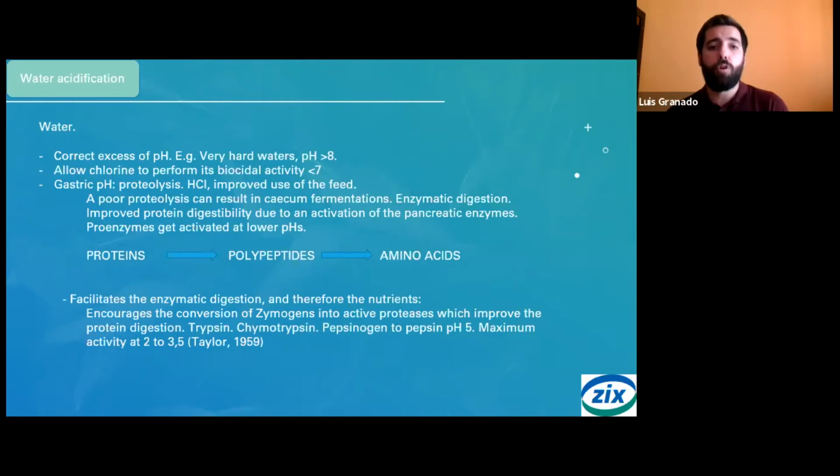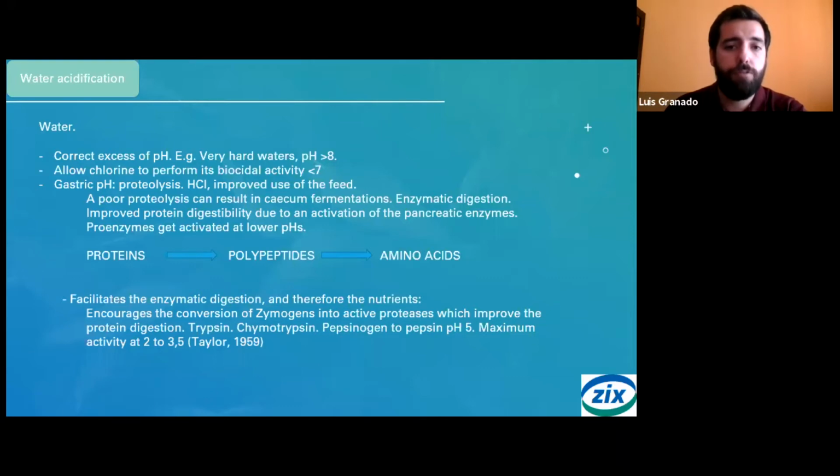We need to perform physicochemical tests in our water to get that information, not only the pH, but other parameters that we have already explained in other webinars. Then we will know the pH and if it is high. So if we find it over 8, or not even 8, we might not want to work with a pH of 7. We will need to correct it because it will affect, for example, the digestibility, right?